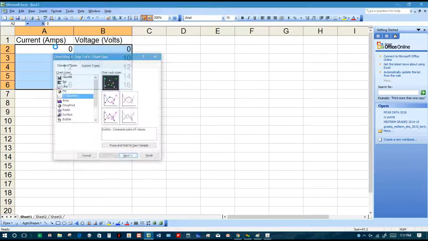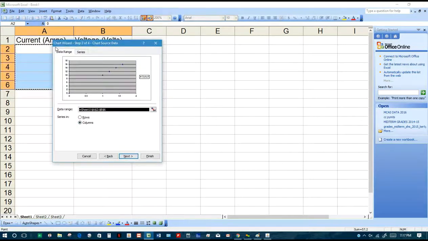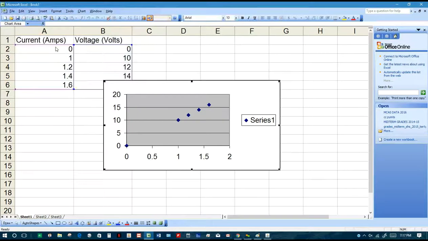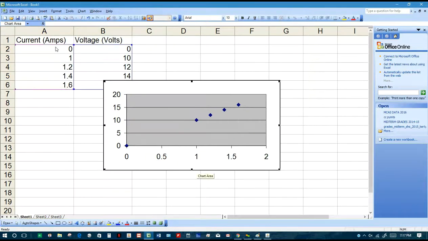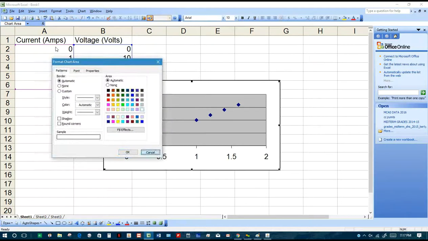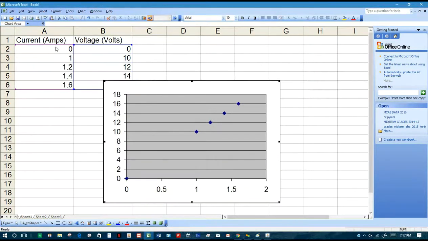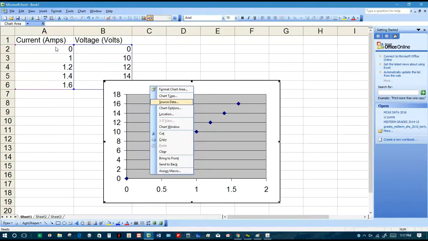Yeah. Okay. All right, so let's expand it a little bit. All right, so what shape are we seeing? A diagonal line. Yep, a diagonal line.